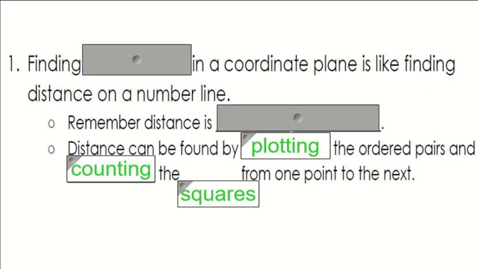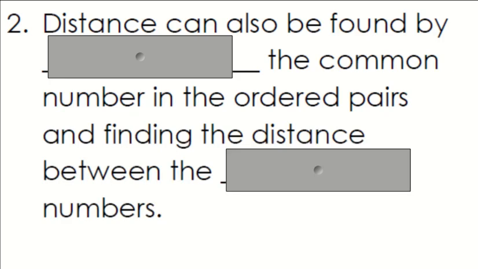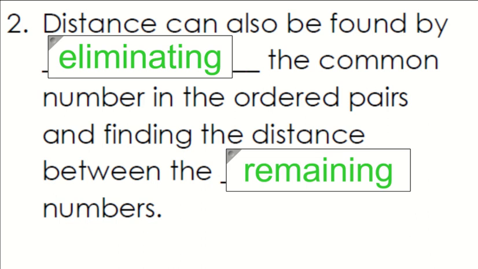So the other thing you can do is eliminate the common number in an ordered pair. And then you find the distance between the two remaining numbers.